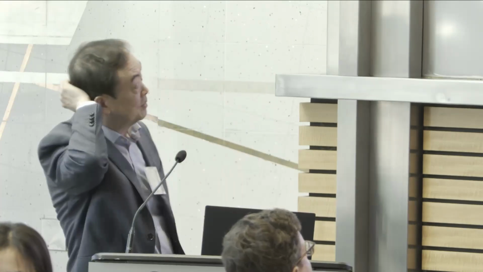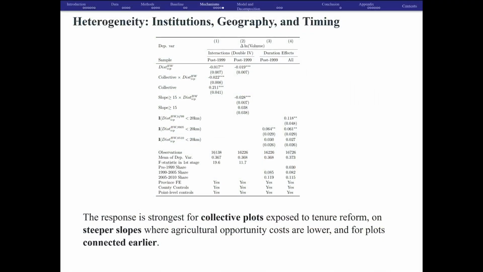Basically, we run the same estimation, but using the mixed term with collective and the distance, because most of our collective timber forest land is individualized.